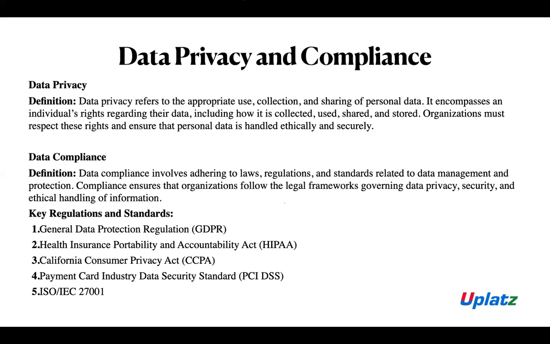At the same time, we have also learned about the key principles of data privacy and compliance. So they were consent, purpose limitation, data minimization, accuracy, storage limitation, security, and transparency. So these were the key principles for data privacy.